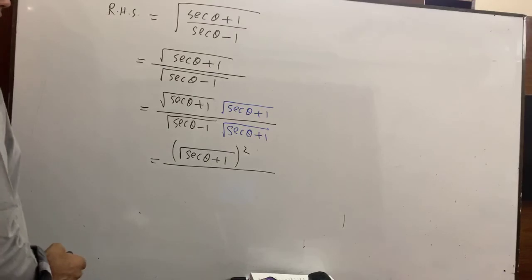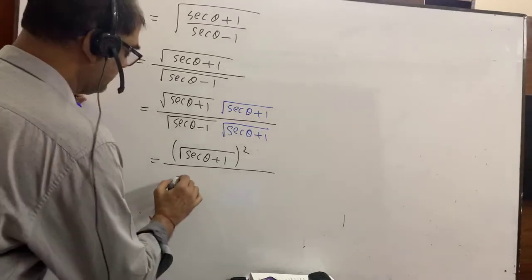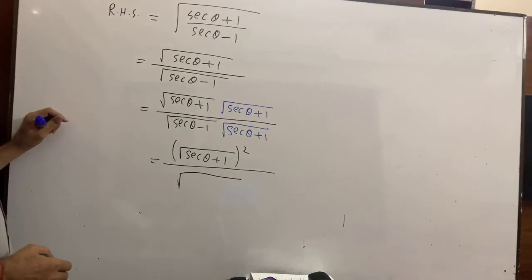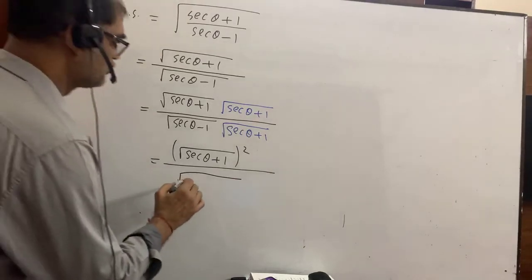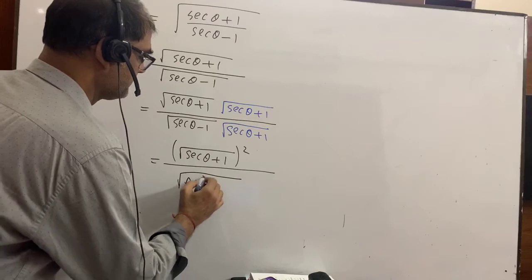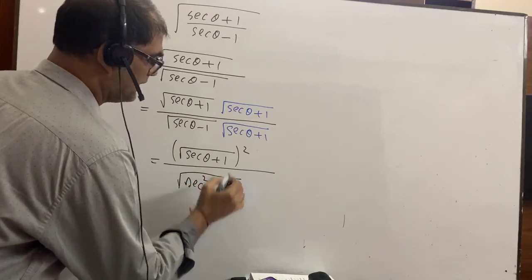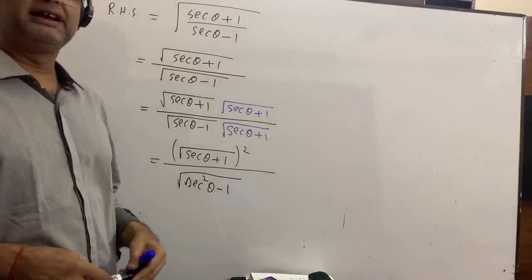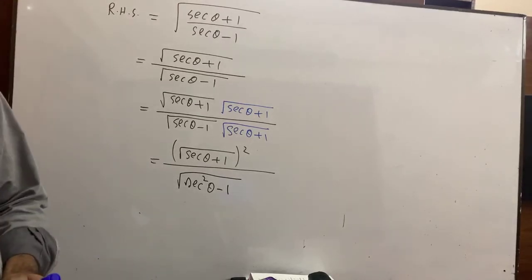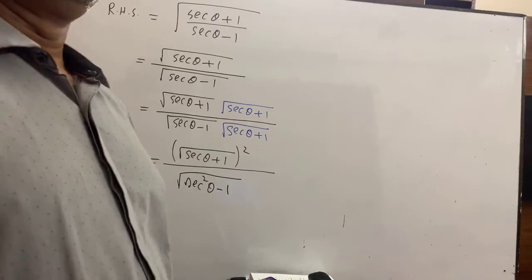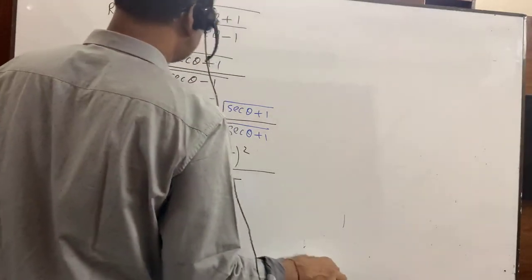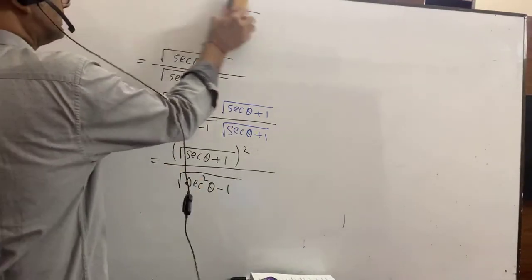And in the denominator, like the previous one, we get the formula of a plus b into a minus b, that is a square minus b square. A square minus 1 square means what? 1. Okay, very easy and simple. This math is given in the class 9 mathematics book, exercise 9.1. Even after that, this is also important for higher mathematics.